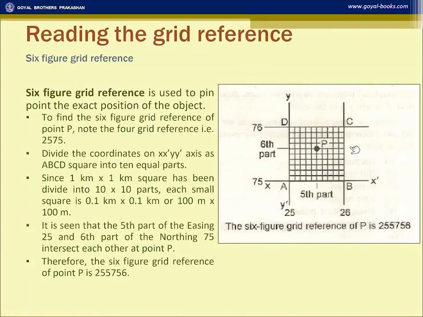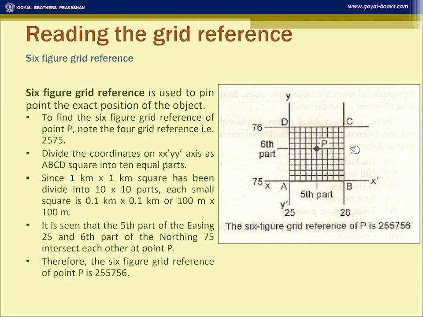To find out the exact position of the point P, we have to study the six-figure grid reference. What is a six-figure grid reference? Six-figure grid reference is given within the four-figure grid reference.